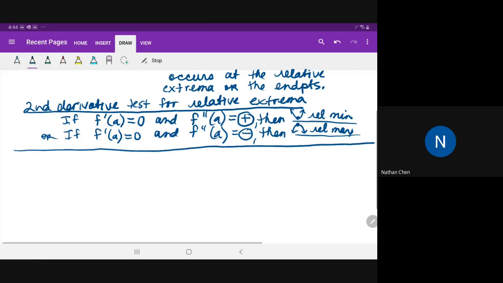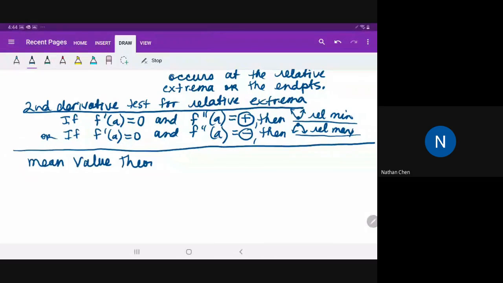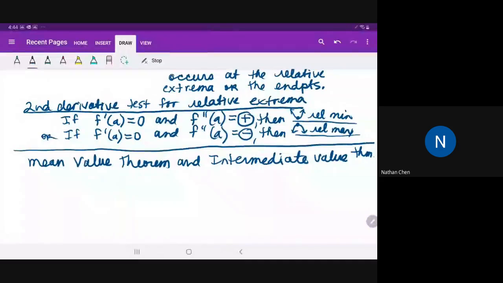Okay, but the ones we want to talk about today are mean value theorem and intermediate value theorem. I'm going to draw you pictures of both of them first.